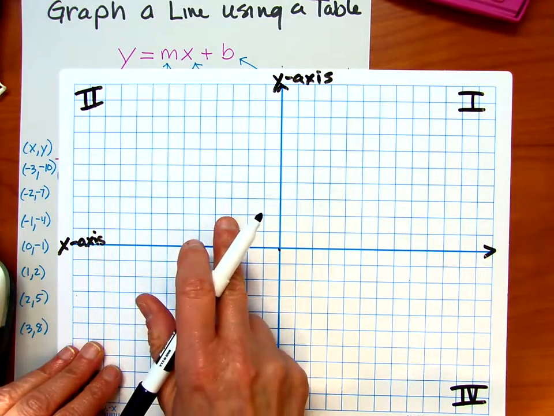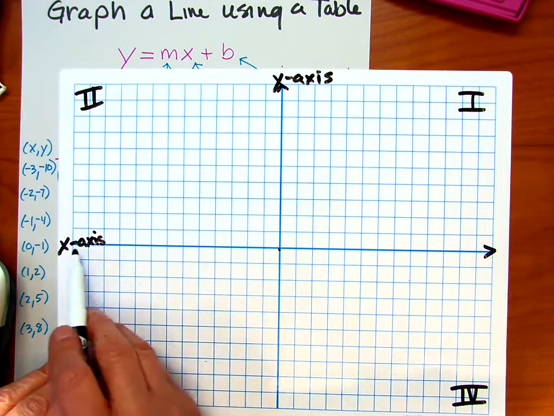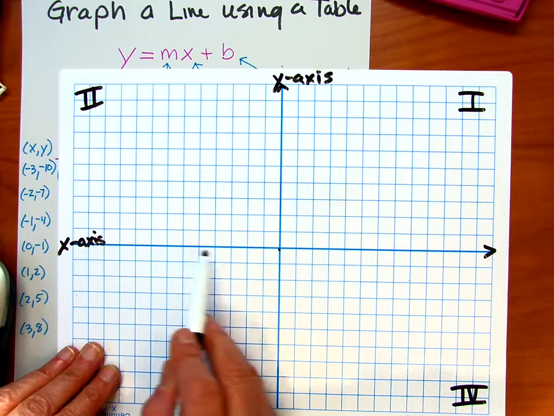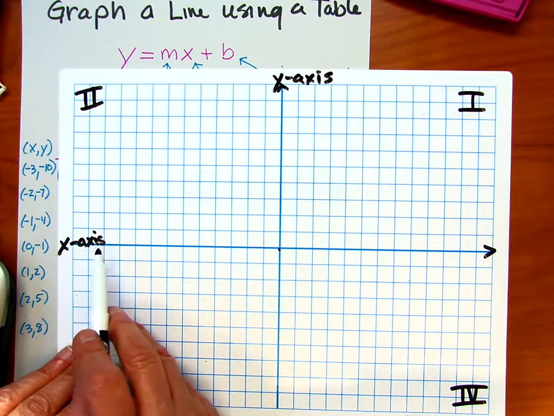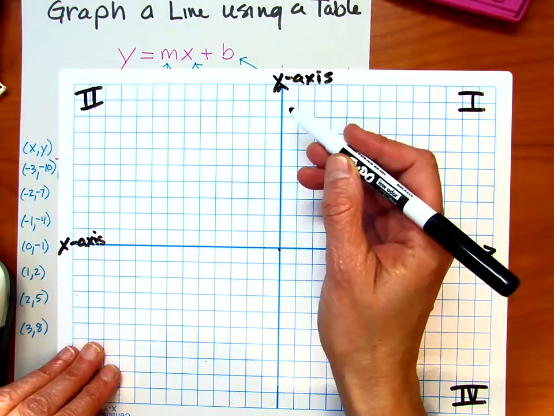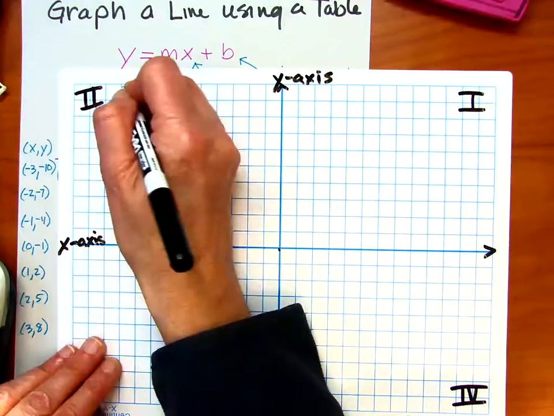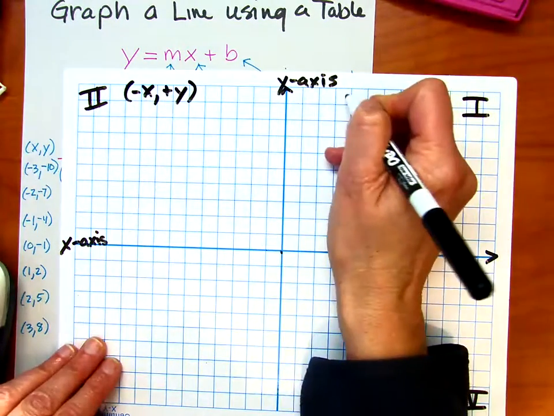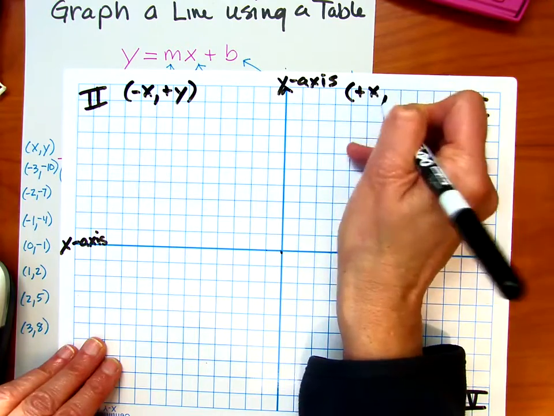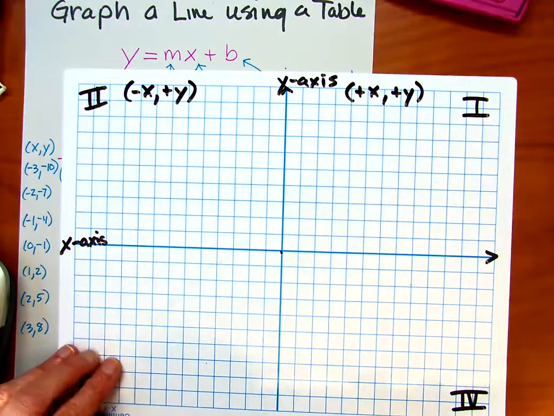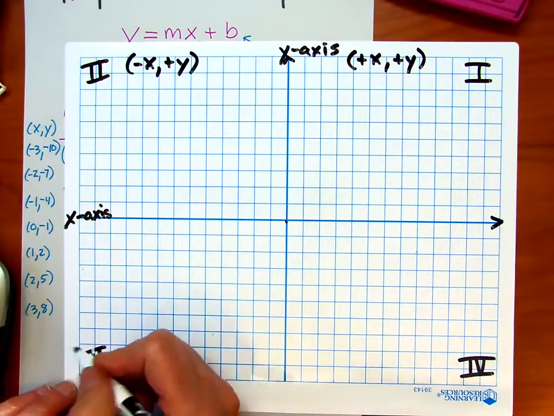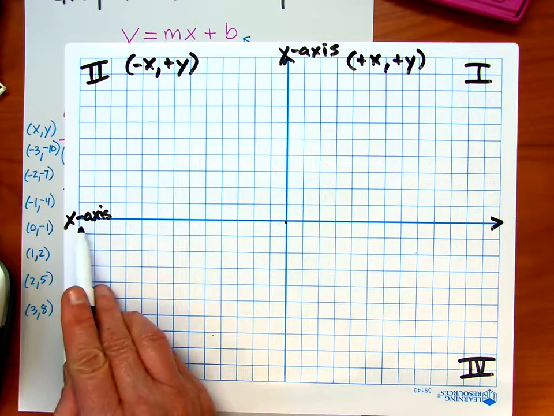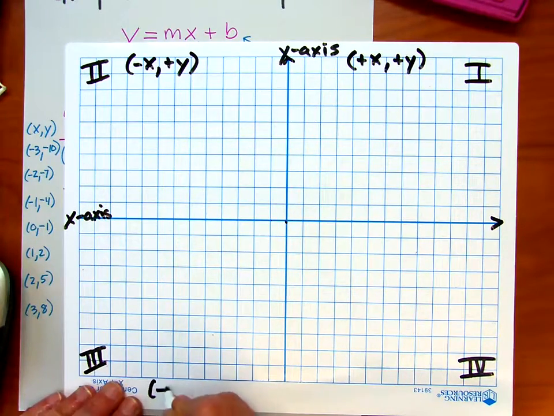In quadrant 2, when you're going from 0 in this direction on the x-axis, you're going to have a negative x, okay? And then if you continue up, that's positive y, so I'll write it out. So negative x, positive y. And then over here we said that was going to be positive x, positive y. In the third quadrant, again, the x is going in this direction, which are all negative numbers, and so that's negative x.